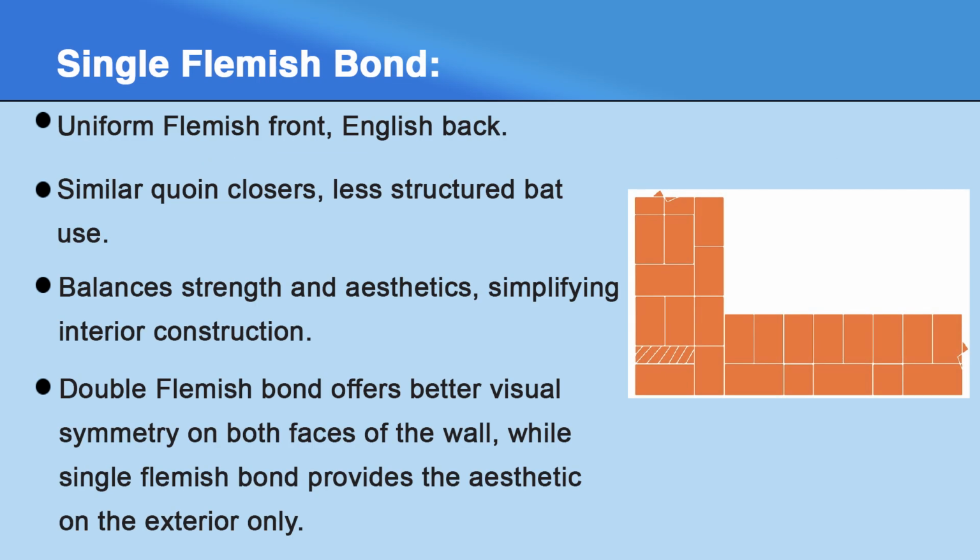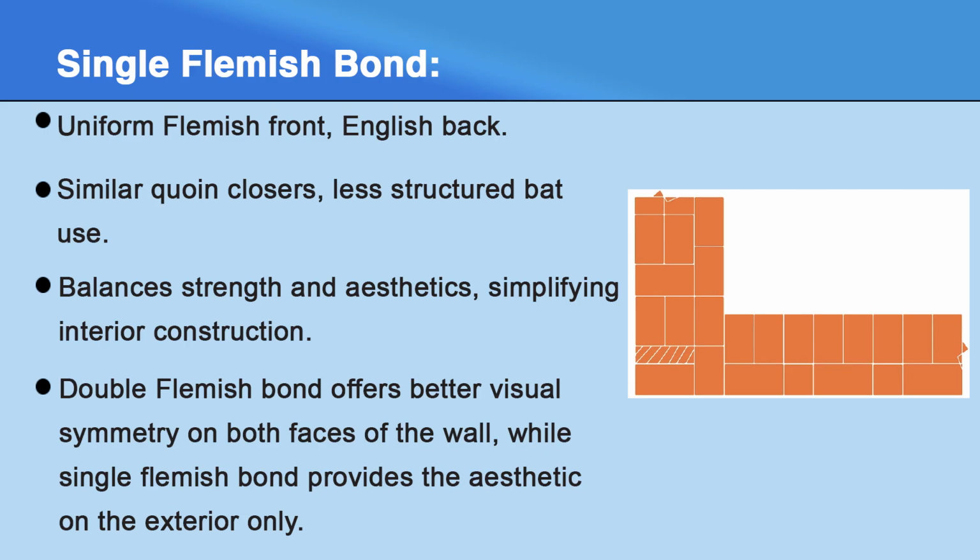Single Flemish bond, also called uniform Flemish bond, English back: the front follows the Flemish pattern and the back may vary. Similar queen closers are used, less structured but with bats, which balances the strength and aesthetics, simplifying the interior construction.